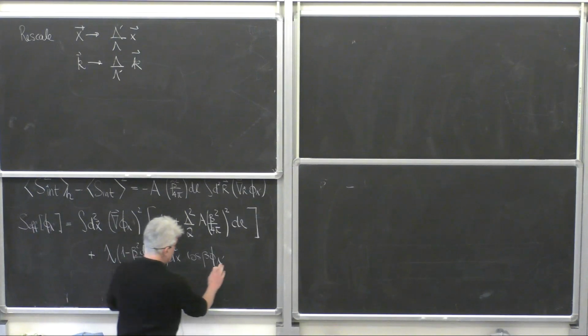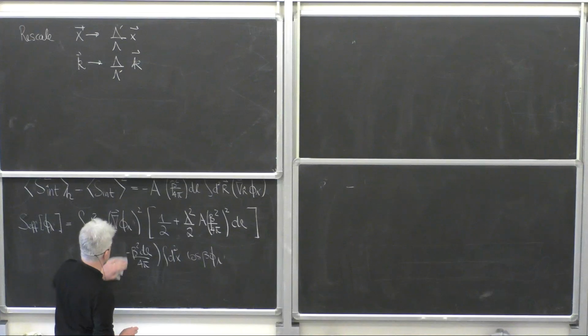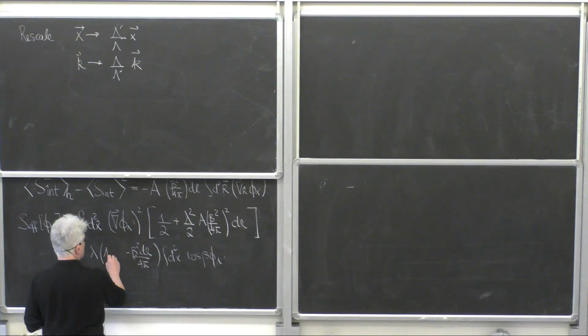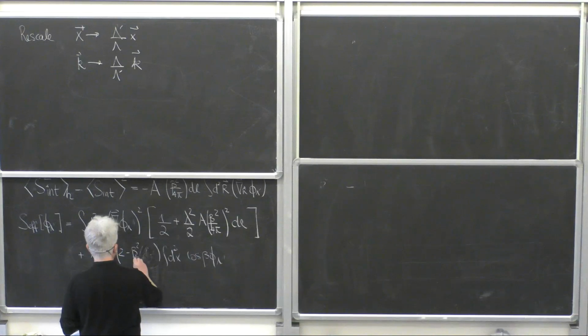And here, as we had already seen yesterday, we get this extra contribution. So we had plus lambda, and here we have 1 plus 2 minus beta squared over 4 pi dl.